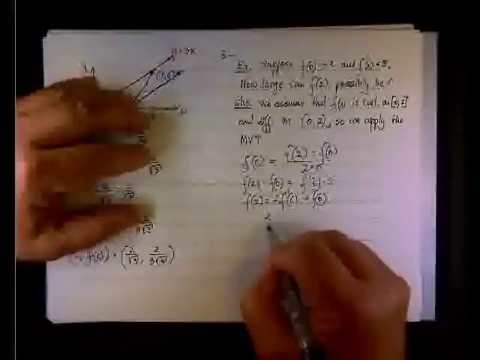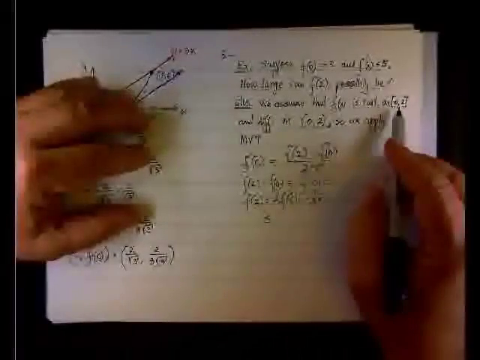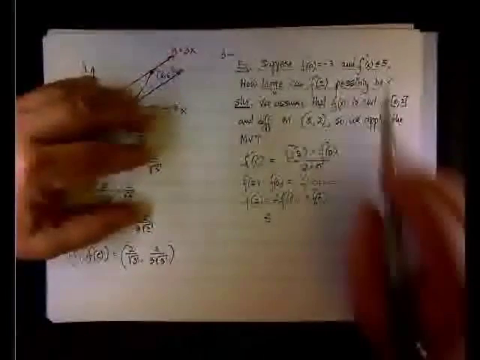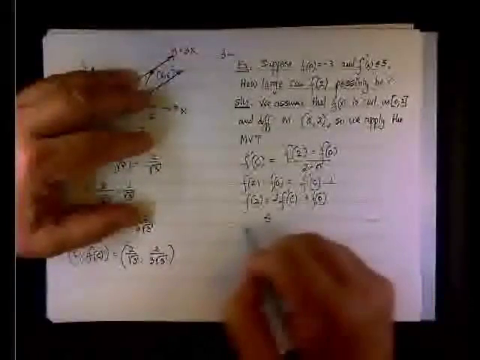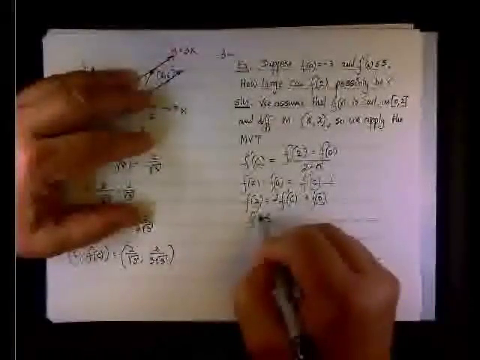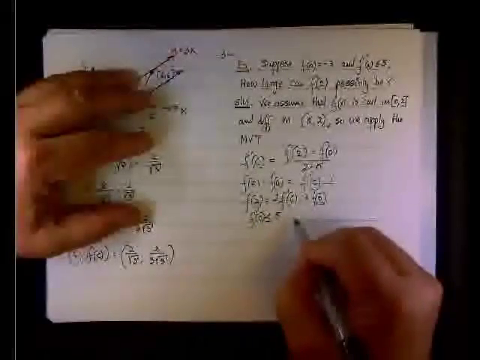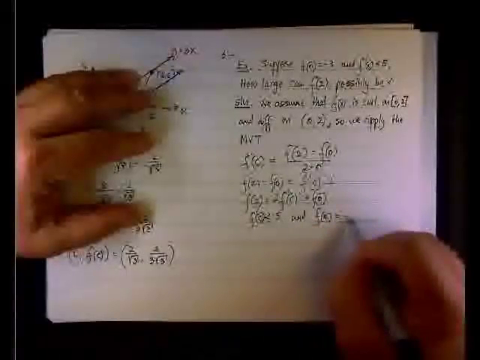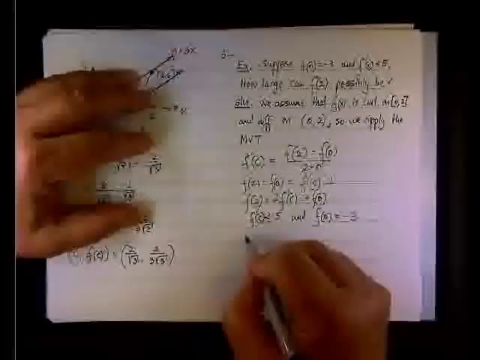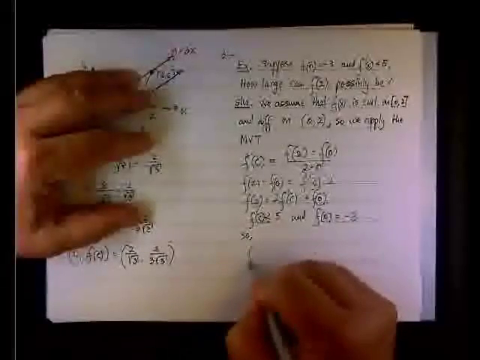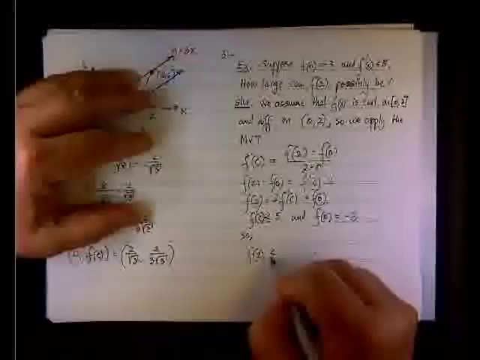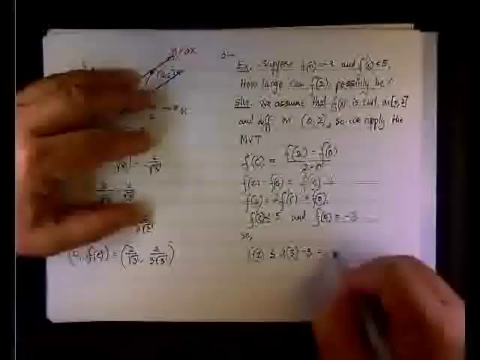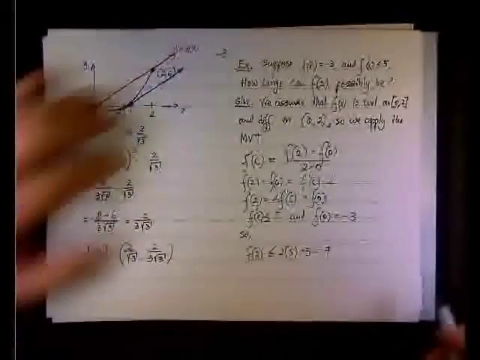Well, we know that f prime of c has to be less than or equal to 5, and f of 0 equals negative 3. This is given to us, so f of 2 has to be less than or equal to 2 times 5 minus 3, or we end up having 10 minus 3, which is 7.